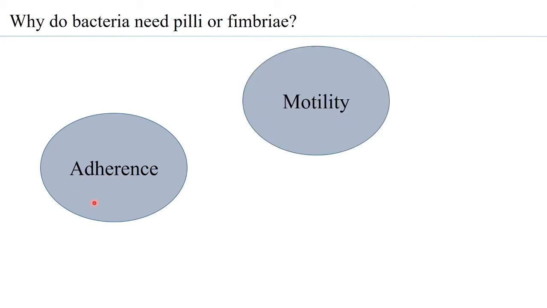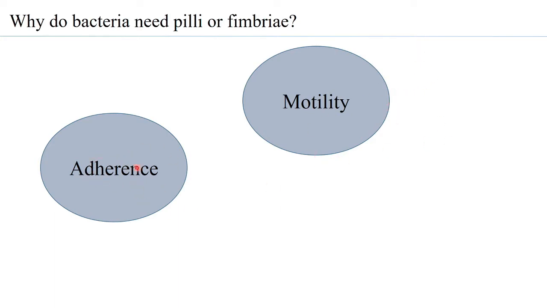The second important characteristic of the pili and fimbriae is again associated with what we associate even flagella with, and that is motility. Because of motility, the bacteria are able to move towards a particular environment or move away from a particular environment, or move to interact with another bacteria or another surface.